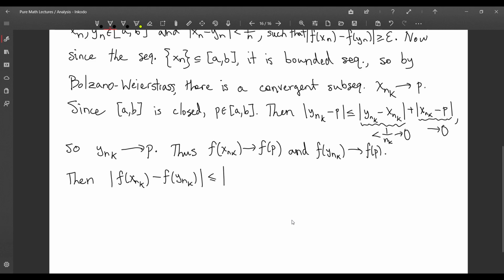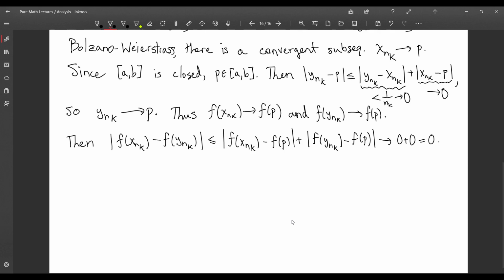So we can write this explicitly using the triangle inequality. There's f of P. And since these are both converging to 0, this converges to 0 plus 0, which is 0.